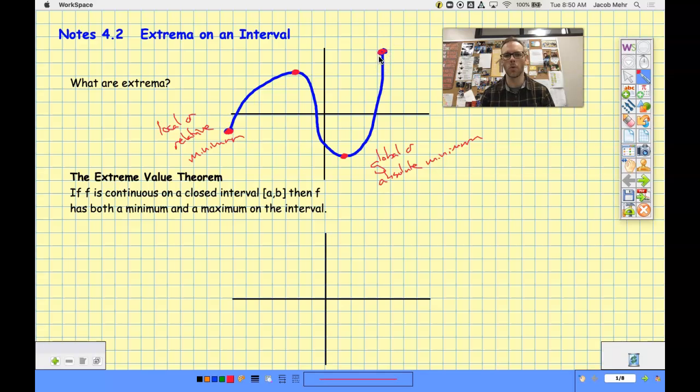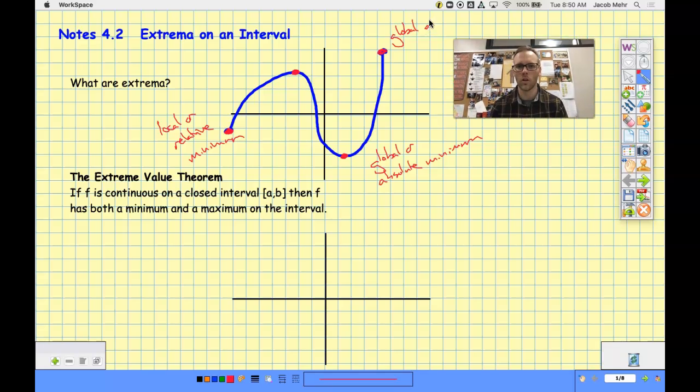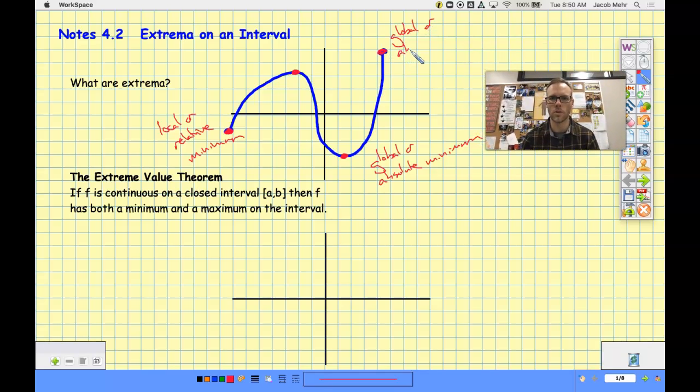However, this is the highest point on the graph, so this is the global or absolute maximum, and this is a local or relative maximum.